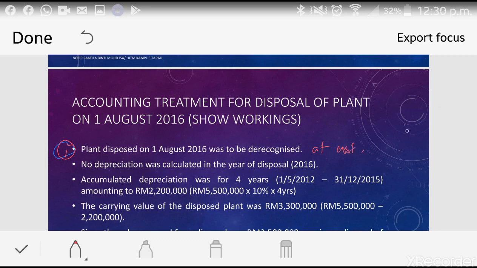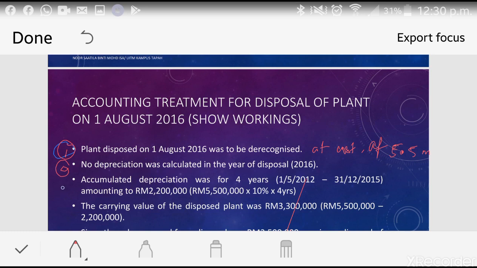Remember, our cost of the plant was 5.5 million. And then the second point is that no depreciation was provided in the year of disposal. Why? Because the policy is yearly basis.